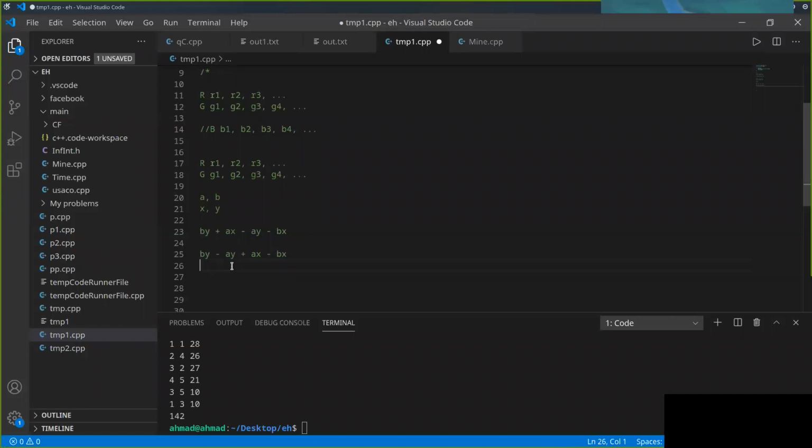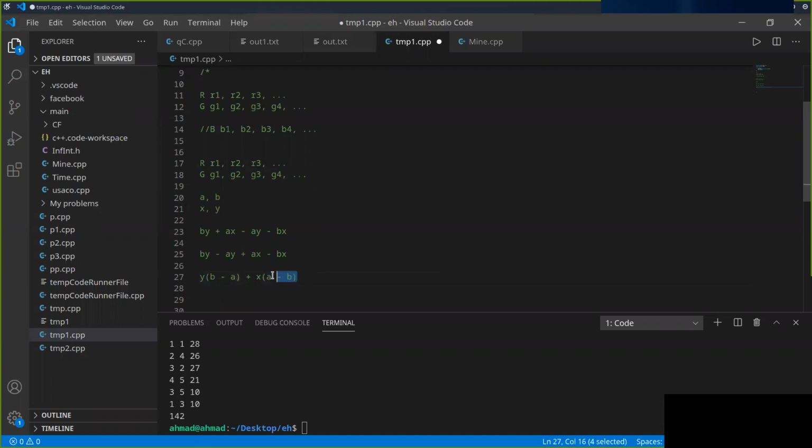So here I have y's and x's, and the next step would be taking y as a common factor and x as a common factor. So let's take y common factor and make it B minus A, plus x common factor and then A minus B. Observe that B minus A is the negative of A minus B, right?